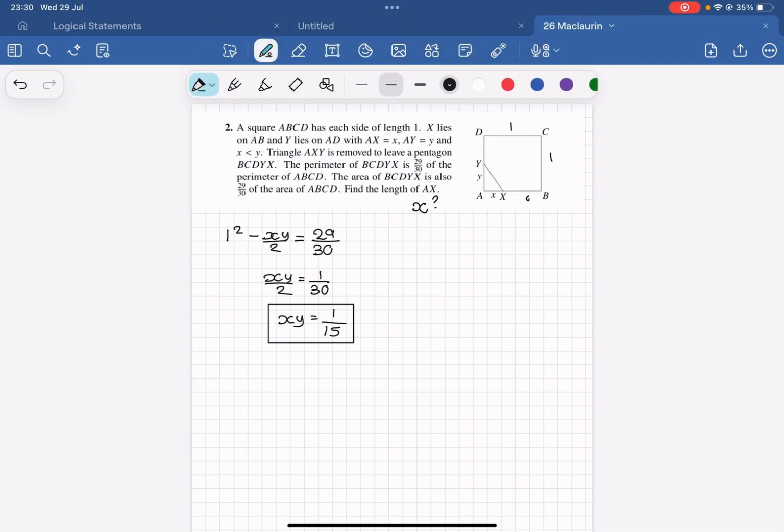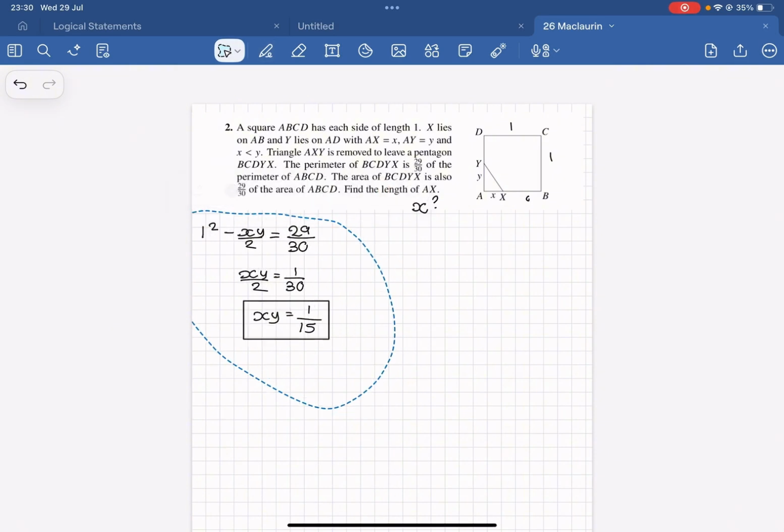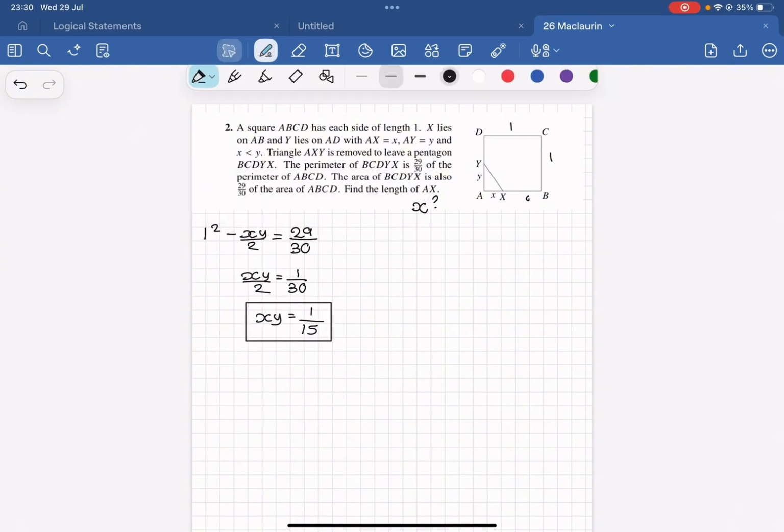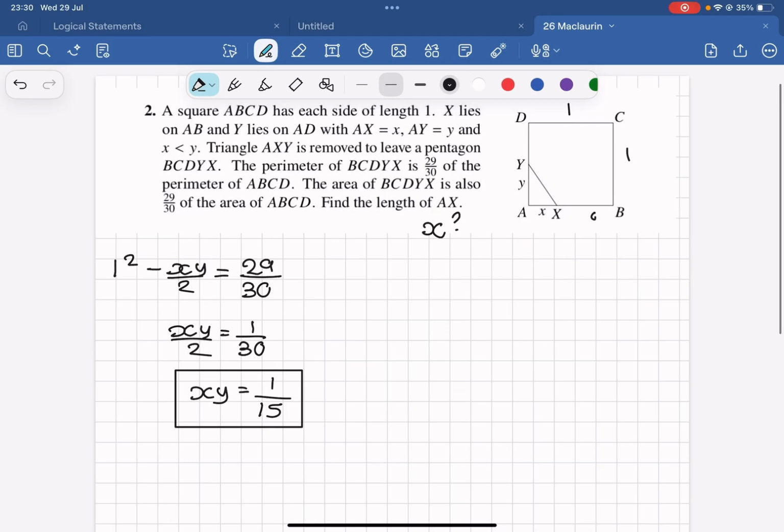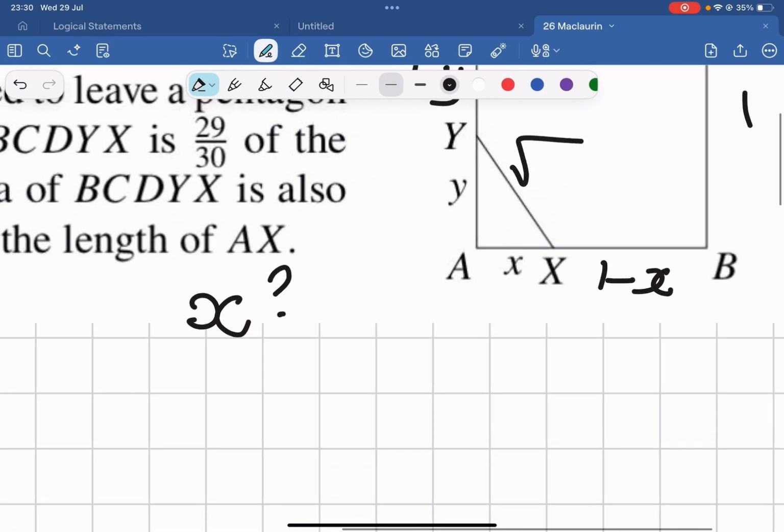Now, we've got the perimeter of BCDYX is 29 over 30 of the perimeter of the square. So let's count what the perimeter of the pentagon is. So we've got 1 minus y here and 1 minus x here. And using Pythagoras, we can find that XY is just root x squared plus y squared.